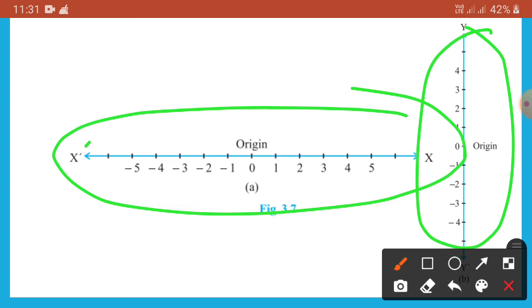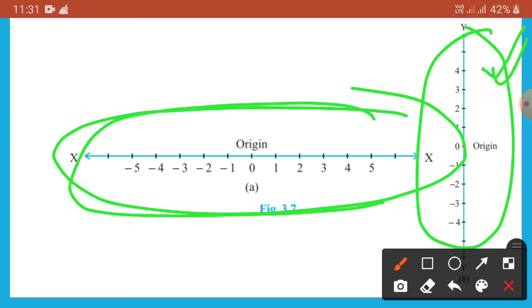We do the same thing with y'y, except that y'y is vertical, not horizontal. This is the horizontal line and this is the vertical line.